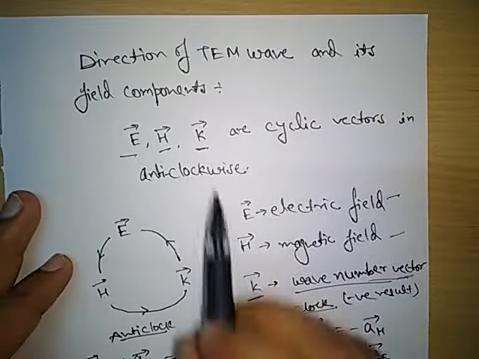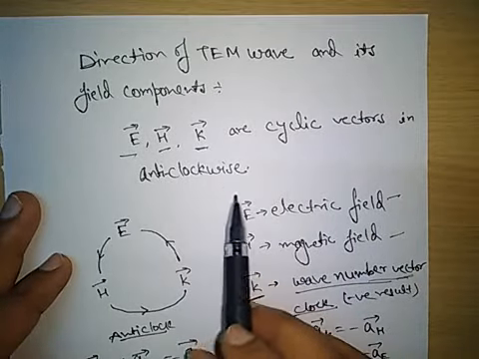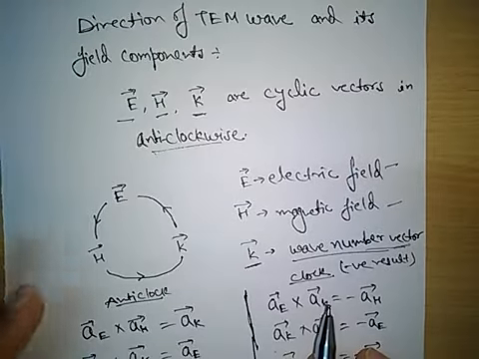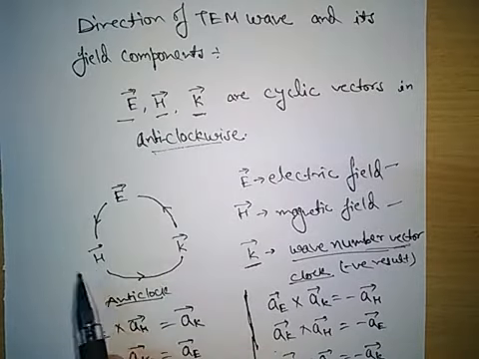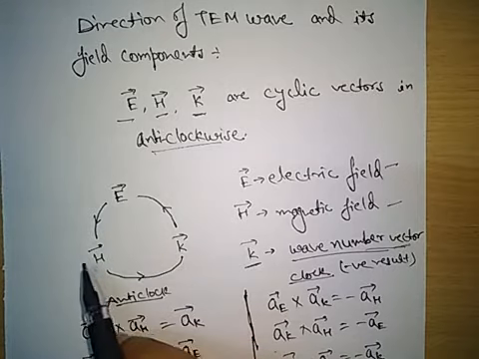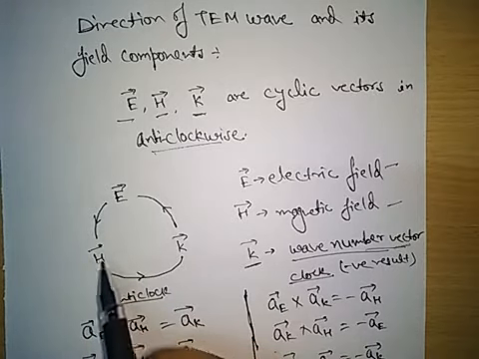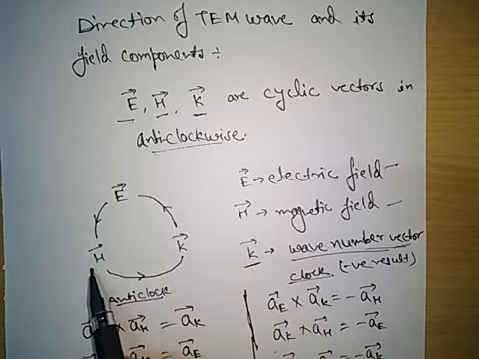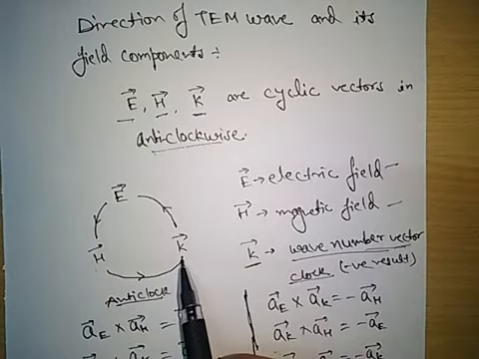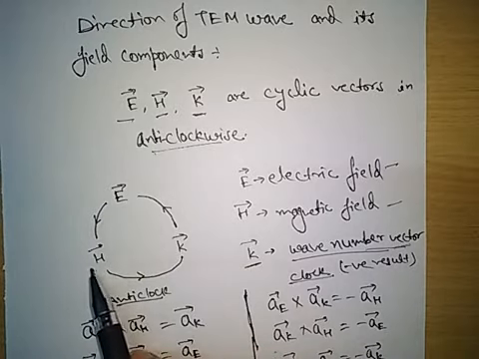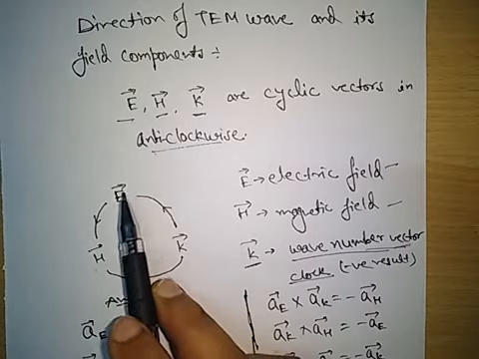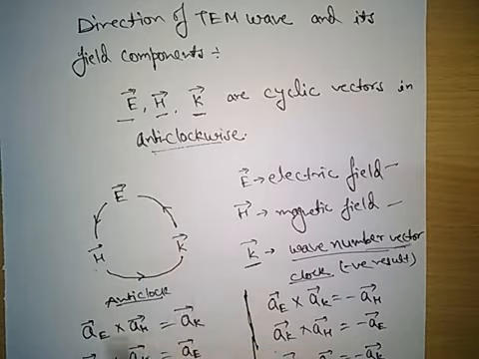Okay. So these are cyclic vectors in anti-clockwise direction. Here I have drawn a cycle. Vector E is here, vector H here, vector K here. So cross multiplication will always be there. Once we multiply vector E with vector H, we will get vector K. When vector H is multiplied with vector K, we will get vector E, and similarly.